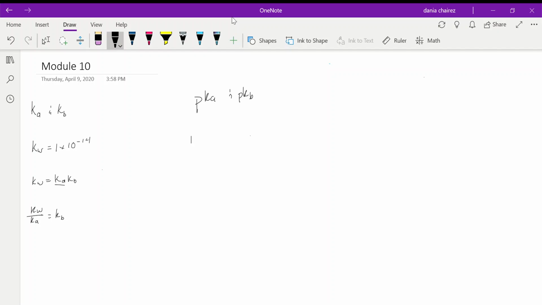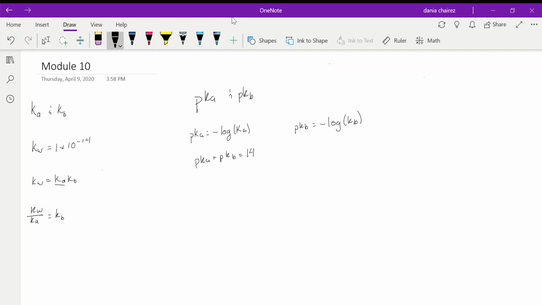As in, to find pKa, you do your negative log of Ka, and to find pKb, you have your negative log of Kb, and your pKa plus pKb gives you 14. So it's a lot like pH, it's just that in this case, you're dealing with your dissociation constants as opposed to the actual concentration of hydrogen and oxygen.